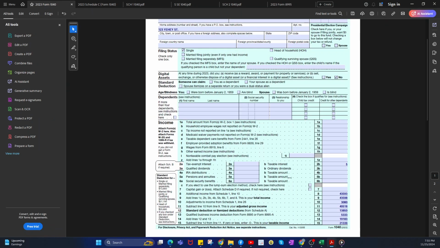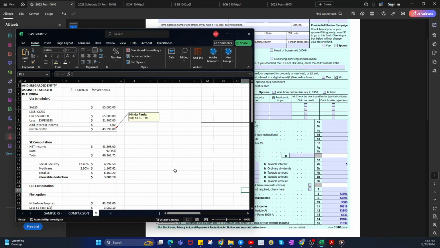So as you can see, it will not be difficult if you have tax software. However, even if you have the tax software, you should also know how the numbers were calculated. So we're done with the sales, and we're done with the computation of the self-employment tax.